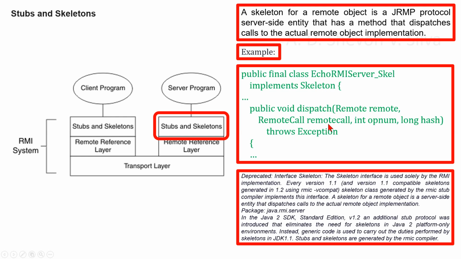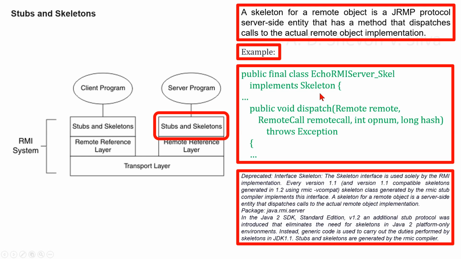In the Java 2 SDK Standard Edition version 1.2, an additional stub protocol was introduced that eliminates the need for skeletons in Java 2 platform-only environments. Instead, generic code is used to carry out the duties performed by skeletons in Java 1.1. Stubs and skeletons are generated by the rmic compiler.